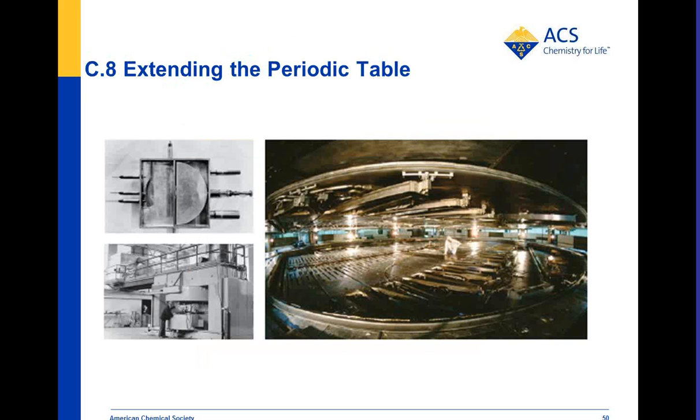The next slide. Now we're taking a look at extending the periodic table, expanding it to include the transuranium elements. And so we go back in history a little bit, and we look at the 11-inch chamber at the top left from 1932, and then the 60-inch one on the bottom left, and this was at Berkeley at Lawrence Livermore.